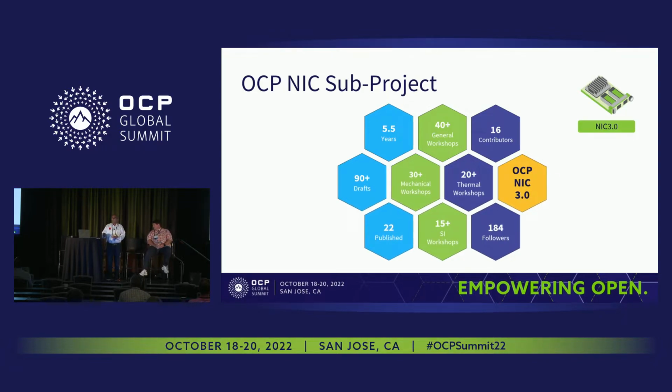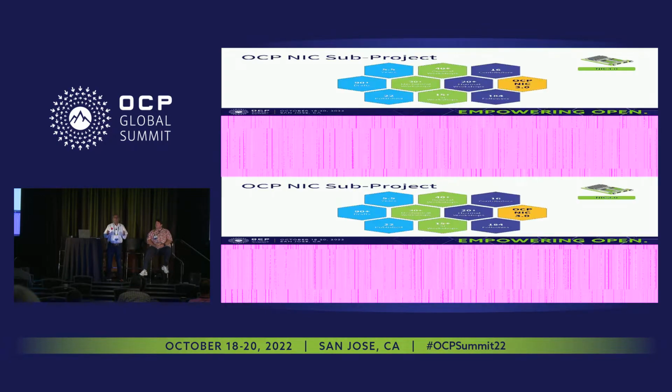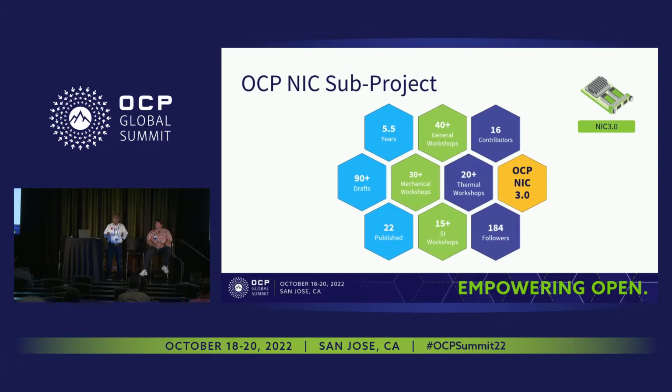Pretty much this OCP NIC 3.0 project, from 2018 to now, within the last 5 years, has become very successful in the server ecosystem. So this is the highlight of how the community has evolved.